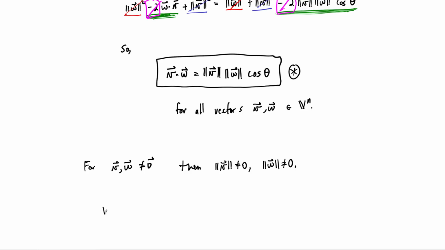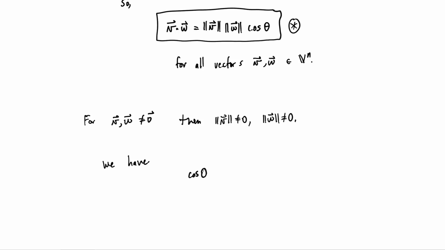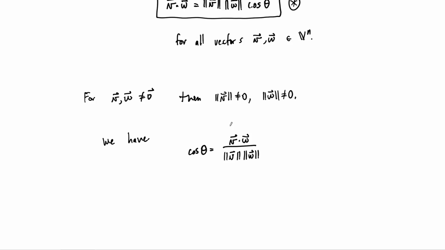So we have, at this point, the cosine of theta is equal to V dotted with W over the length of V times the length of W. Again, we're not dividing by 0 here because we've made this assumption, right? And so that's a formula that involves theta, but to get the theta out of there, we can apply the arc cosine. All right, and so this is our formula for the angle made by two vectors: the arc cosine of this ratio, V dotted with W over the length of V times the length of W.